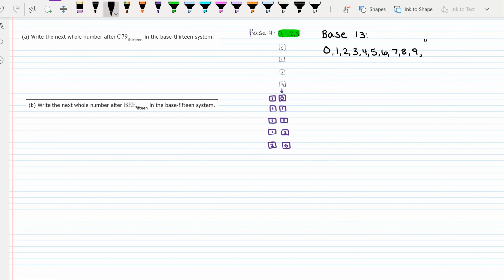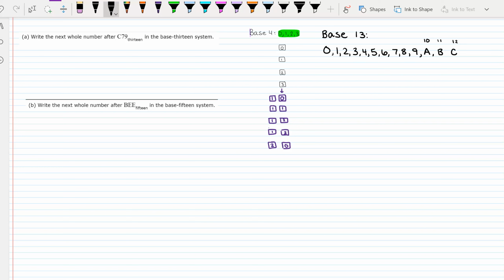So instead of 10, I'm going to write A. Instead of 11, I'm going to write B. And instead of 12, I'm going to write C. But now I'm not going to go up to 13, because remember, you always stop one less than the base value.